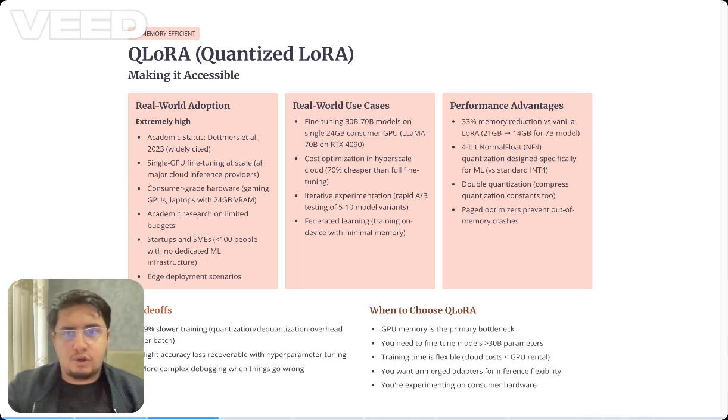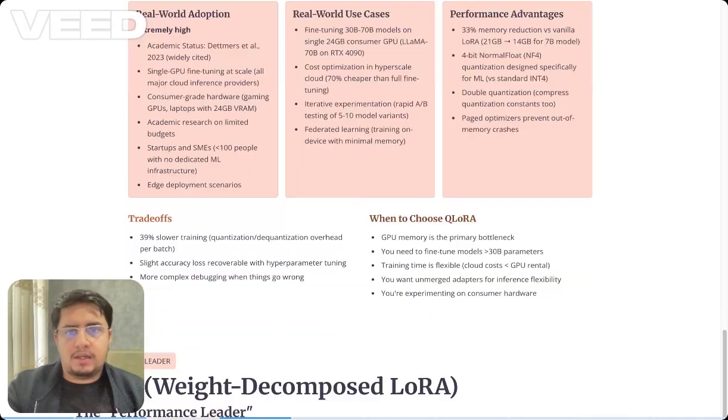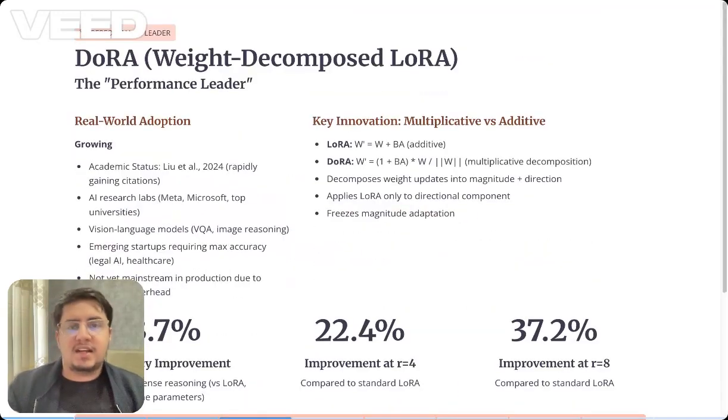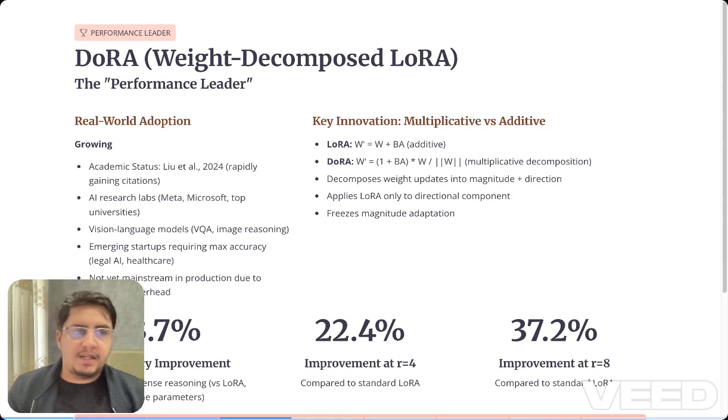So QLoRA turns out to be a memory efficient method, but our next one, which is DoRA, is a performance system. It is one of the more growing LoRA variants, which had its initial coverage in 2024, but it's been gaining citations ever since, and has been adopted by a lot of different labs like Meta, Microsoft, and other top universities.